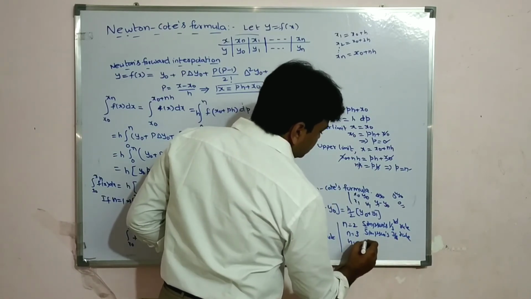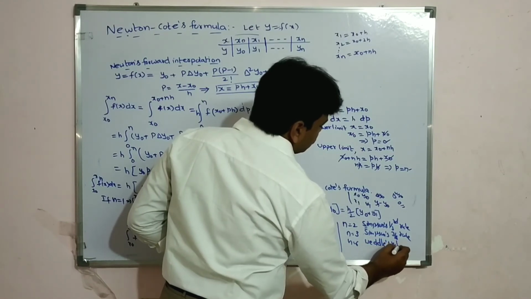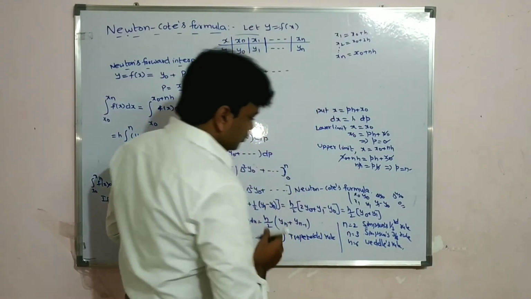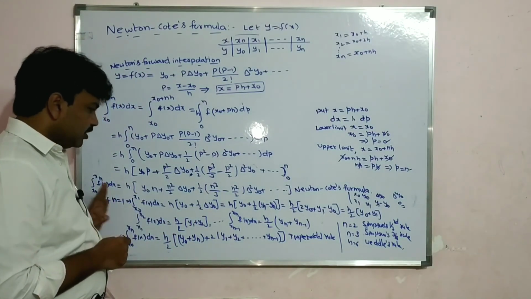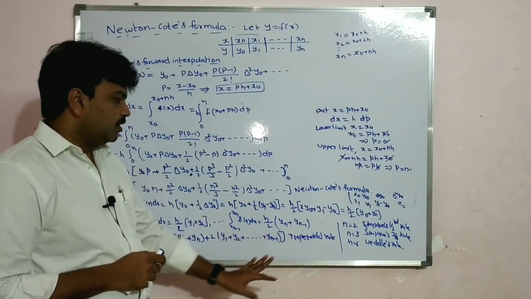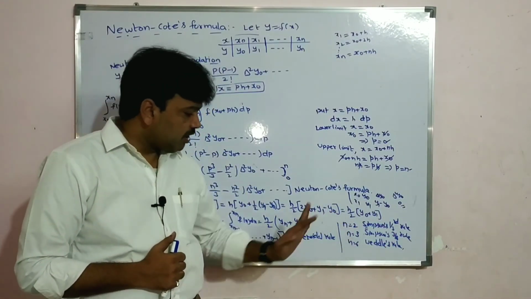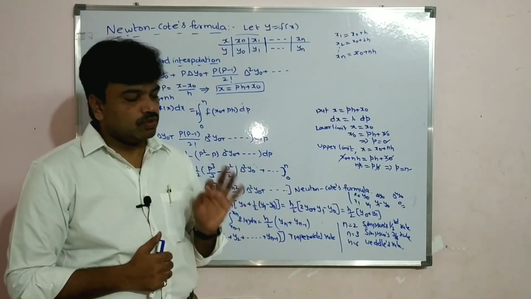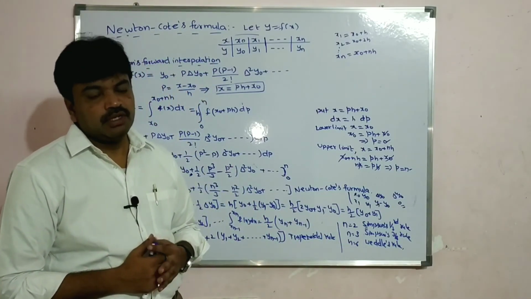And n is equal to 6, we get Weddle's rule. Once again, if n is equal to 1, we get trapezoidal rule. If n is equal to 2, we get Simpson 1/3 rule. n is equal to 3, we get Simpson 3 by 8th rule. And n is equal to 6, we get Weddle's rule.